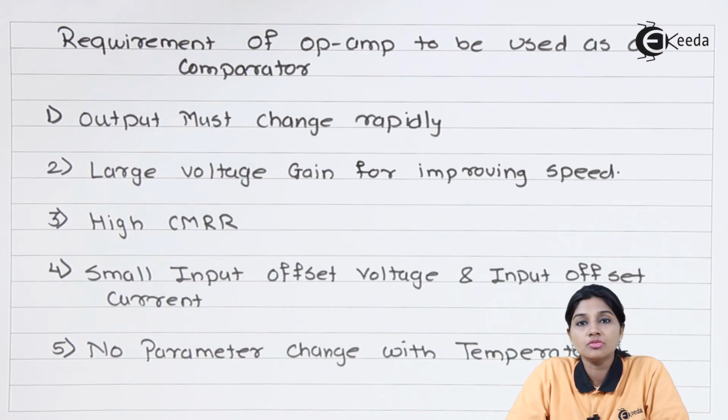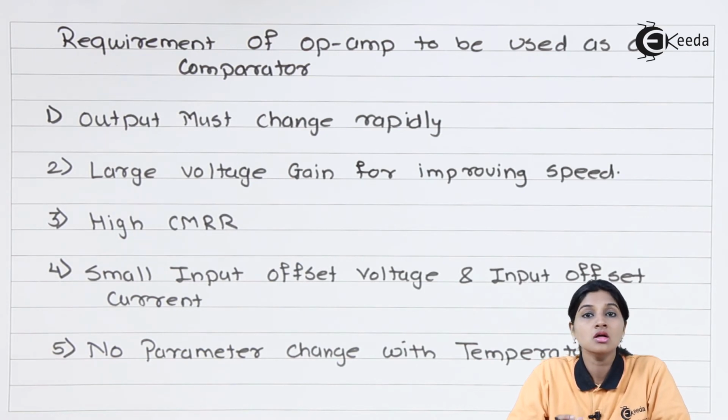This value of algebraic difference should be as small as possible. Ideally, it should be 0, but practically it should be as small as possible, because if the input offset current is present at the input terminal, then it can provide a certain amount of signal at the output. So even if there is no input signal, the value of input offset voltage as well as the value of input offset current should be as small as possible.